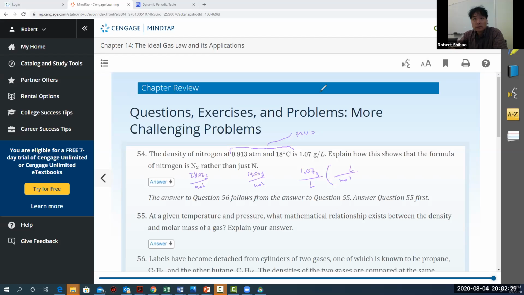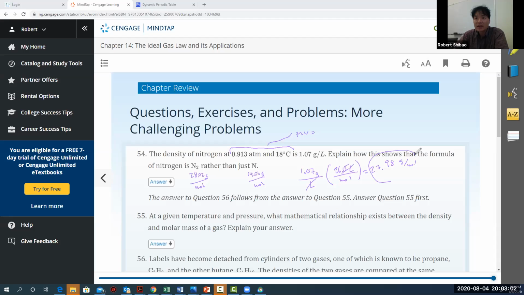T is 273 plus 18, 291. Divided by P, 0.913 atmospheres, 26.15. And then that gives us grams per mole. So 1.07 times 26.15 comes out to 27.98 grams per mole.